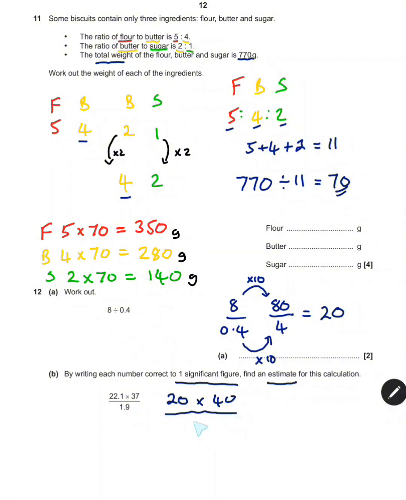And 1.9 rounds to 2. Work out this top line. 2 times 4 is 8. And then there's 2 zeros on the end. And 2 is just 2. And 800 divided by 2 is 400.